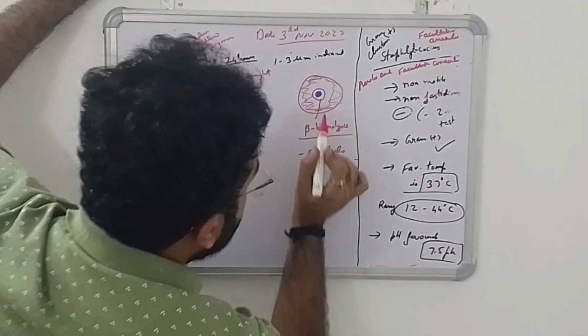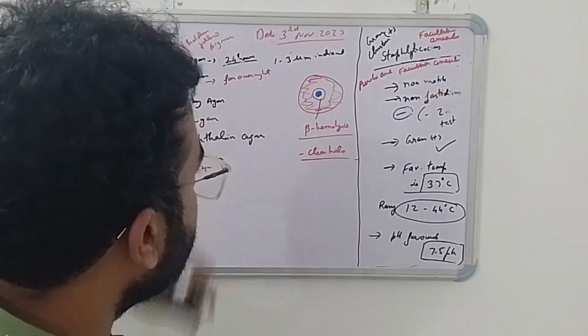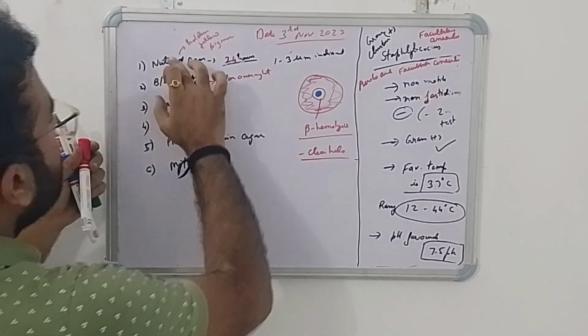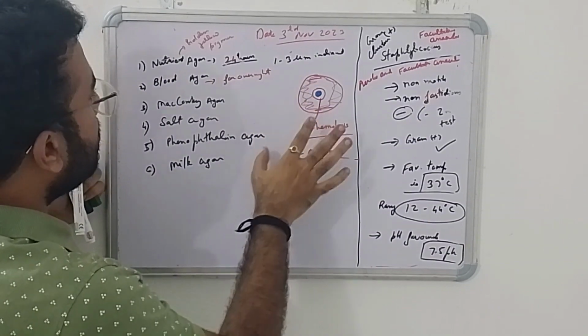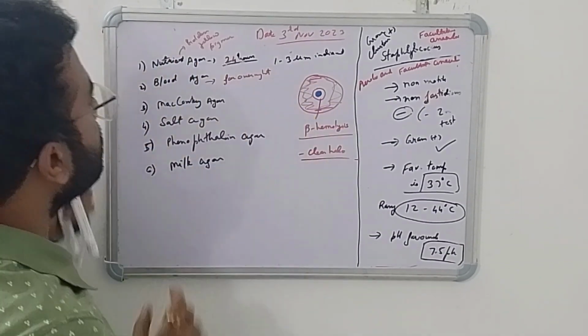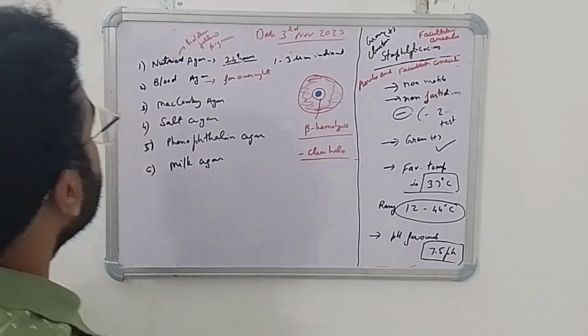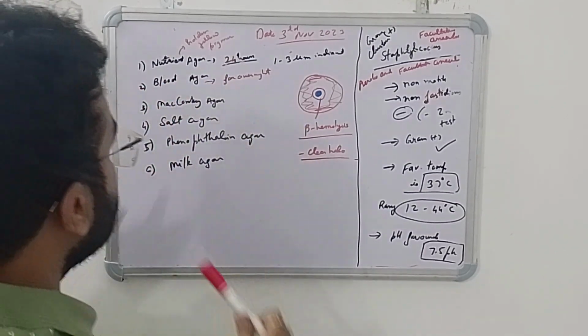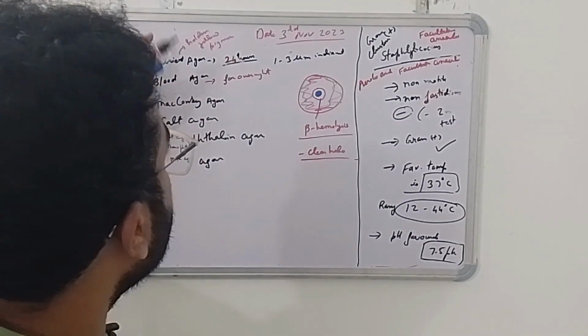There is a wide space because of the denaturation of hemoglobin. So the difference between nutrition agar and blood agar is only that there is beta hemolysis in blood agar, whereas in nutrition agar there is no hemolysis, and the pigmentation will be the same, golden yellow pigment, in both nutrition agar and blood agar.